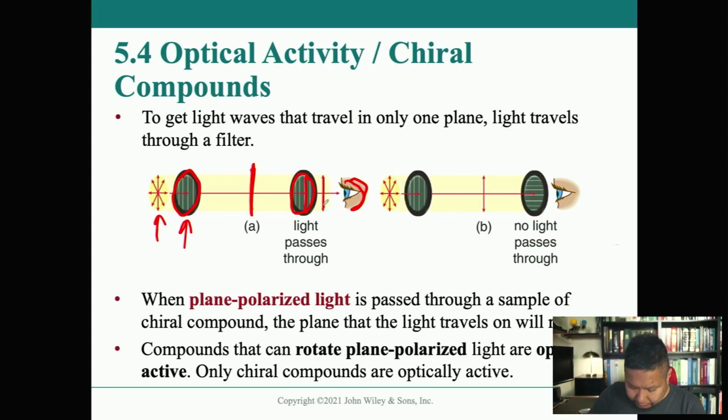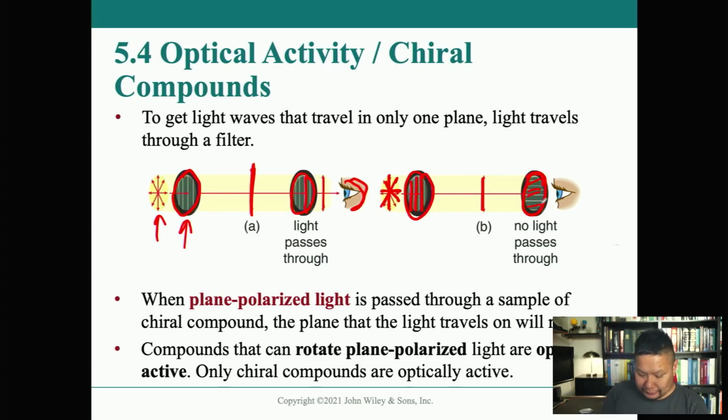But imagine that you had light going all kinds of different directions, and you place a filter on it that only had vertical gaps, so only vertical light could go through. But then you put another filter after that, and now it only had horizontal gaps.